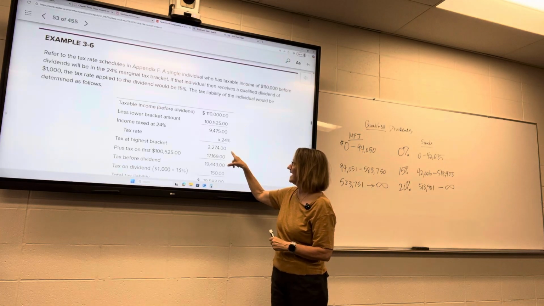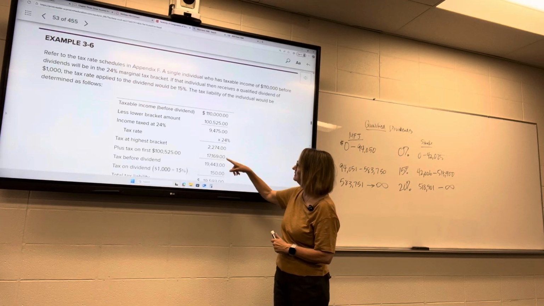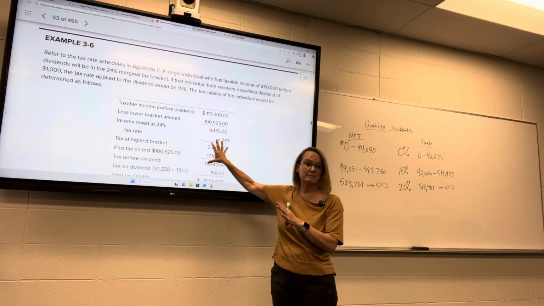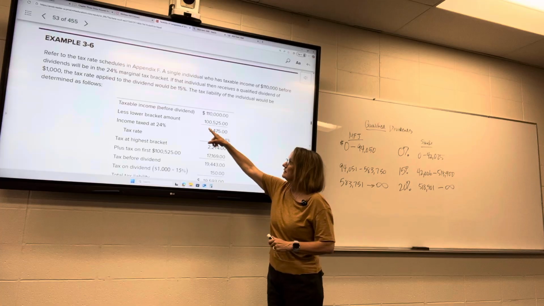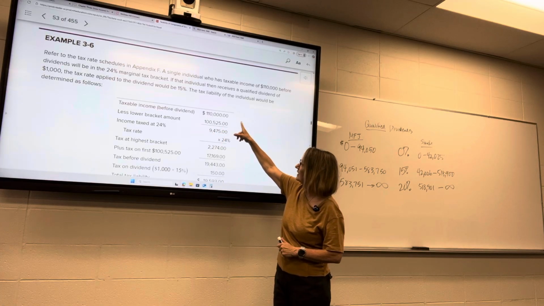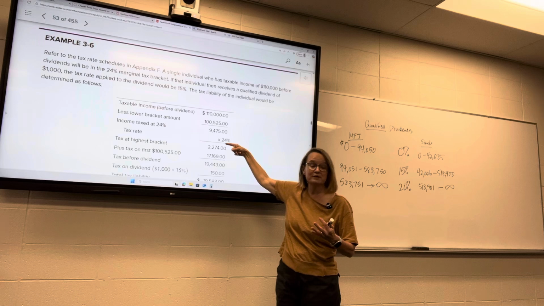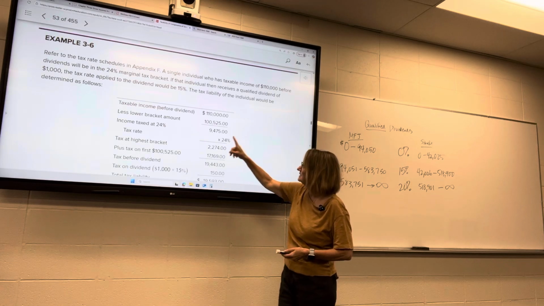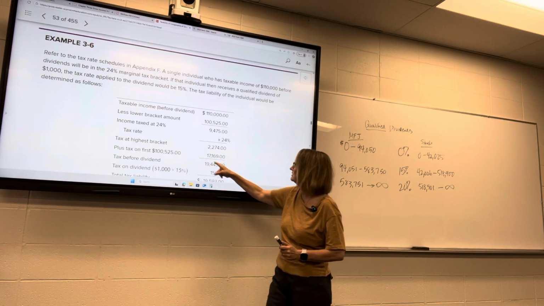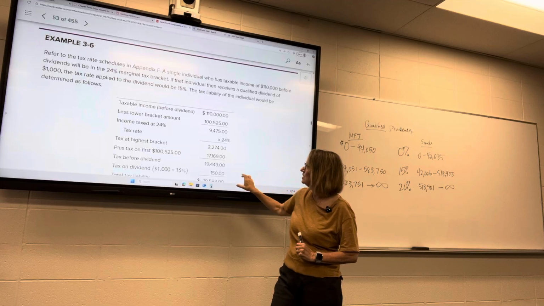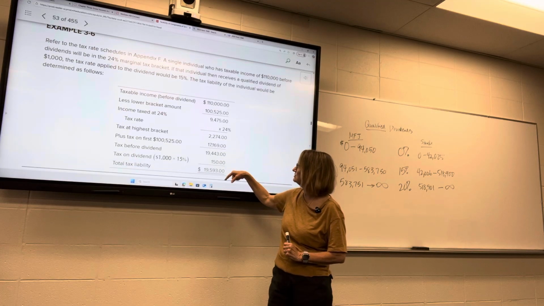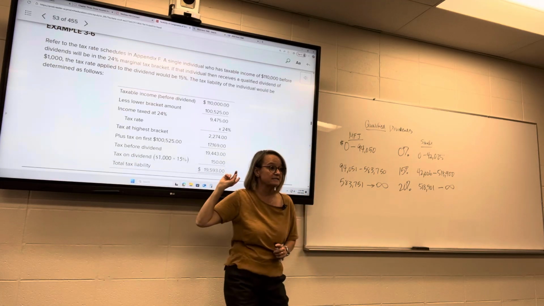They've done that. This is the same calculation you've done. So they subtracted the lower bracket amount. The remaining amount was taxed at, so they're in the marginal 24% tax bracket. Tax on the first 100,525. They added those two together. Total tax is 19,443. That's their ordinary tax.